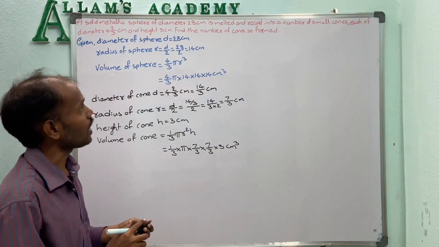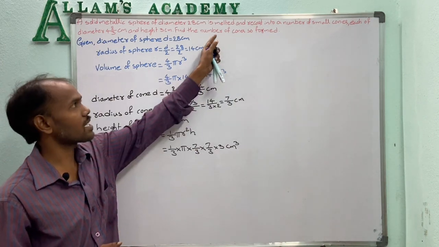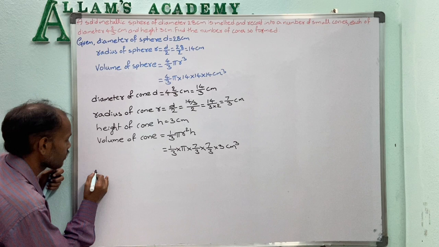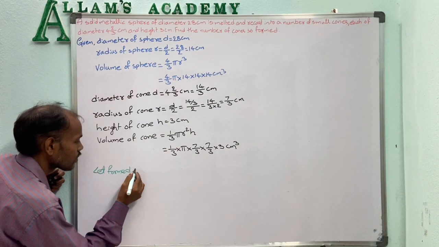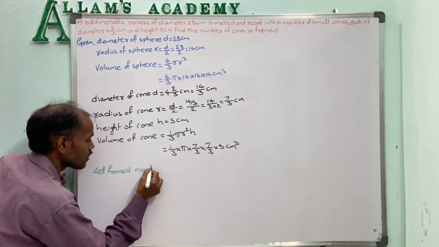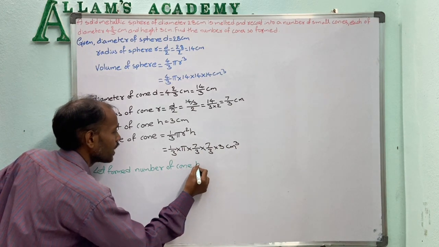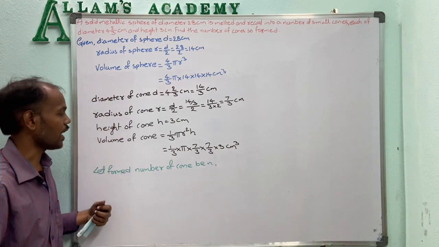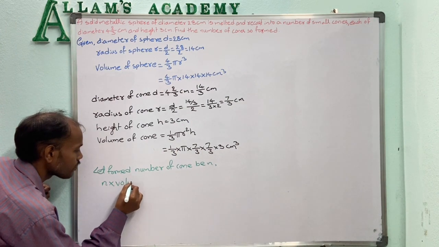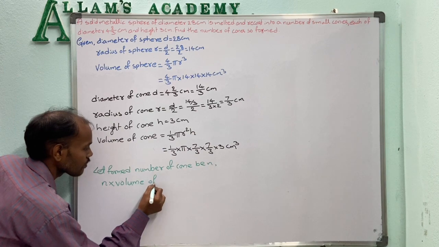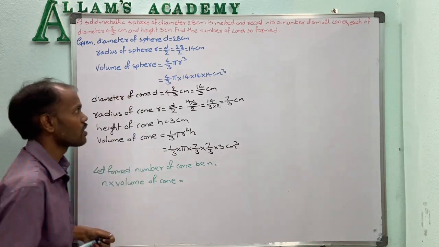Now we are asked how many cones are formed. So let the number of cones formed be n. Then we can write n into the volume of cone is equal to the volume of sphere.